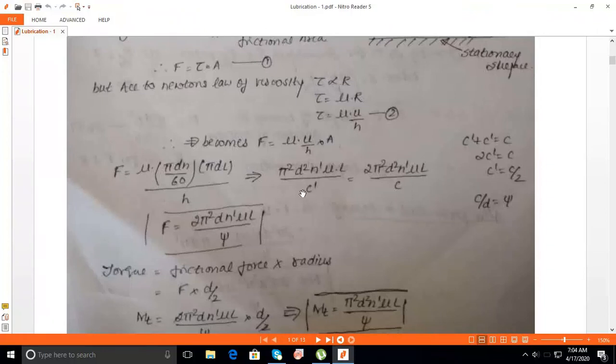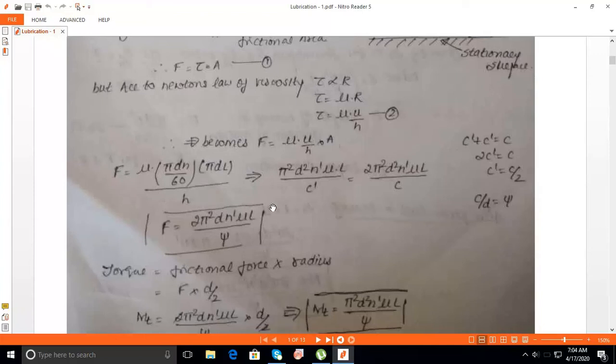After multiplying, we get pi square d square N by 60, that means rpm by 60, which we call rps. N dash is the speed in terms of rps, mu into l into c dash.